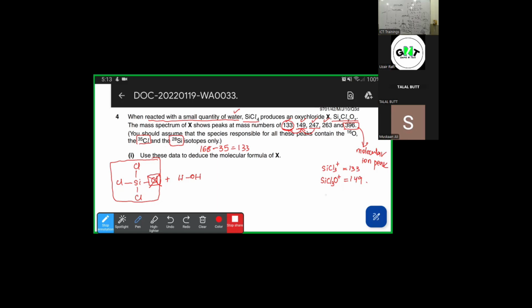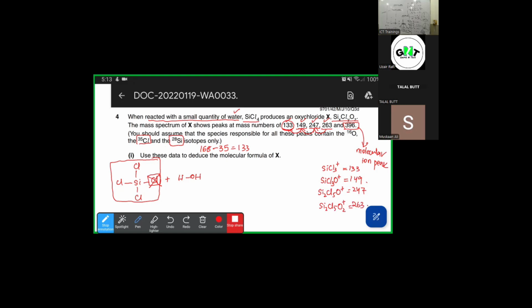So it would become Si2Cl5O positive, that is 247. And 263 minus 247 is 16. So one oxygen is added up here. Si2Cl5O2 positive, that is 263.